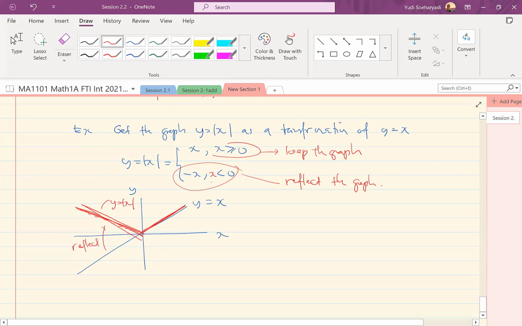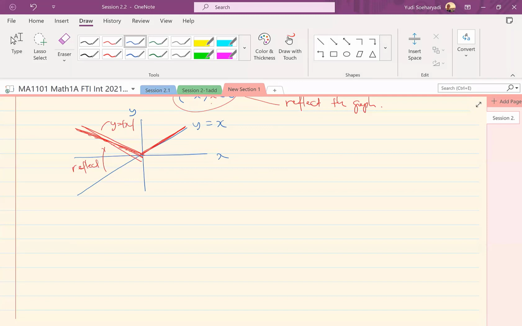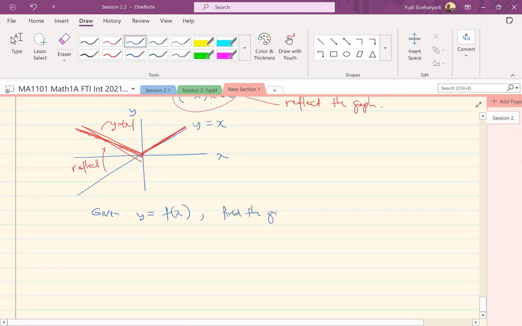Okay. That way you can, so for example, given y equals, an example of this one: find the graph of, what about the absolute value of f?